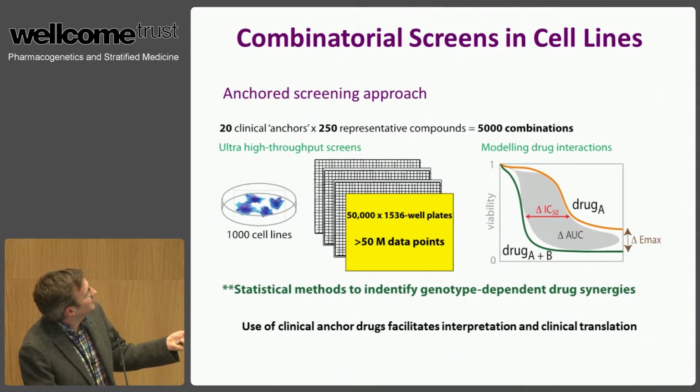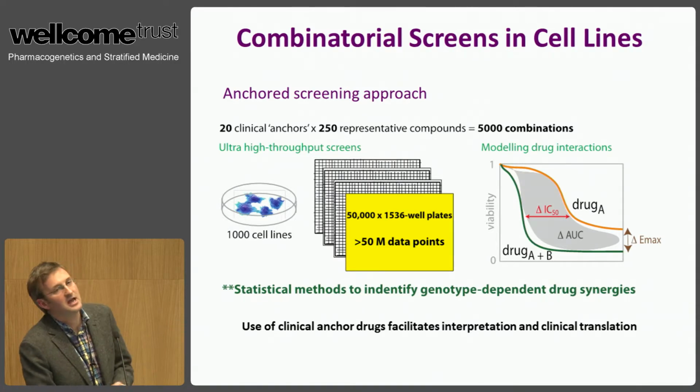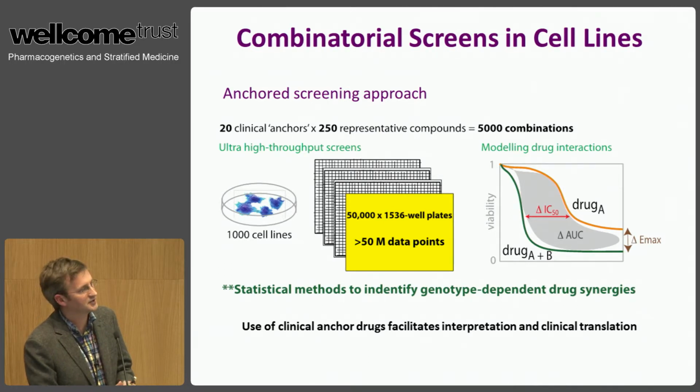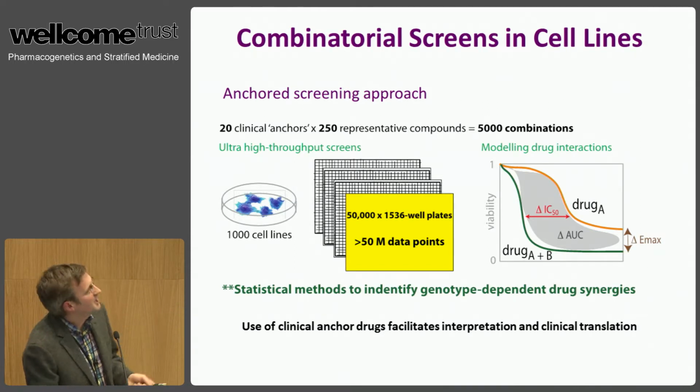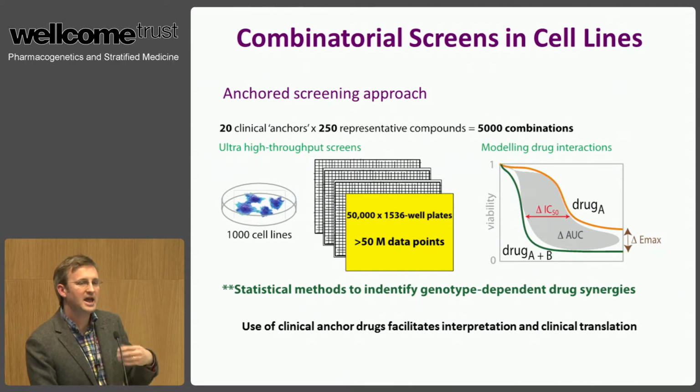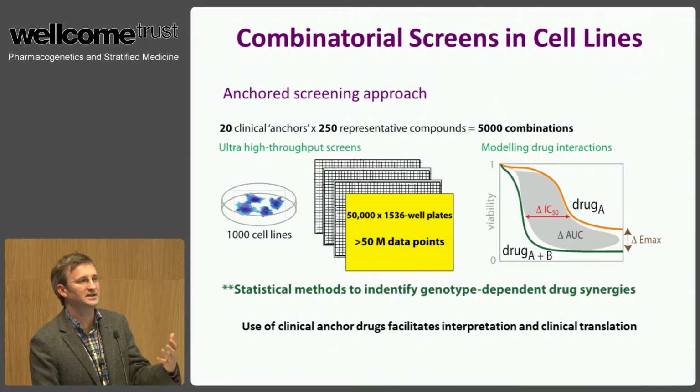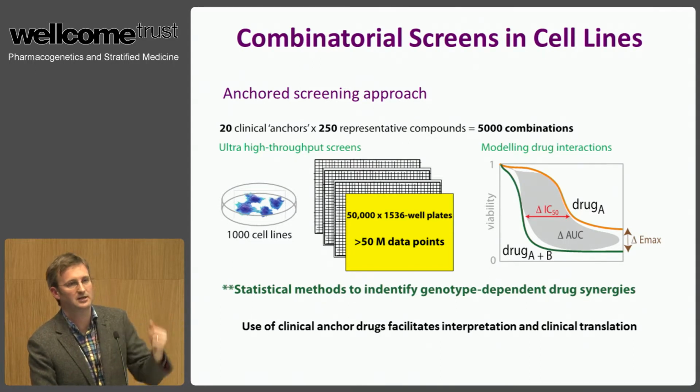And ultimately what we'll do is model these drug interactions and use those types of statistical methods that I've already introduced to try to understand what are the molecular features that would predict sensitivity to different two-drug combinations. And of course, we're using these clinical anchors because the feeling is that this will enhance our ability to transition these findings into the clinic, where you're pairing with something that's already clinically used.